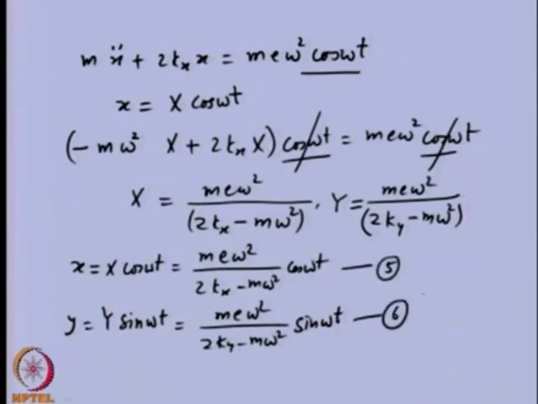Now, the 5th and 6th equation can be combined. If we square these equations and add them, let us say I am squaring this and this.